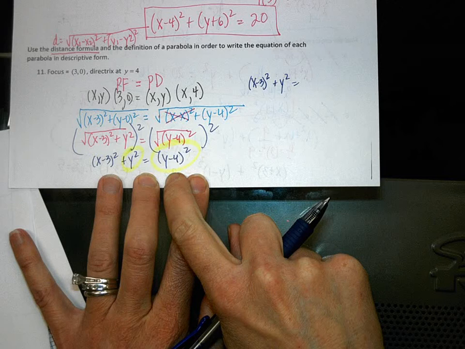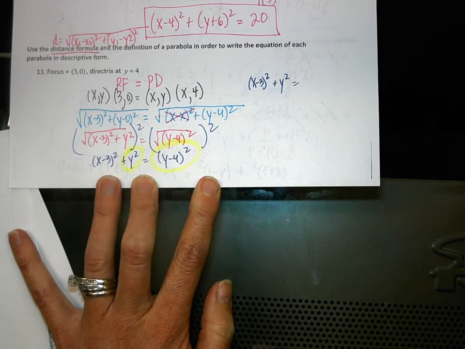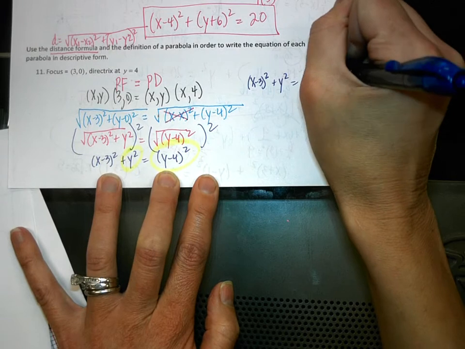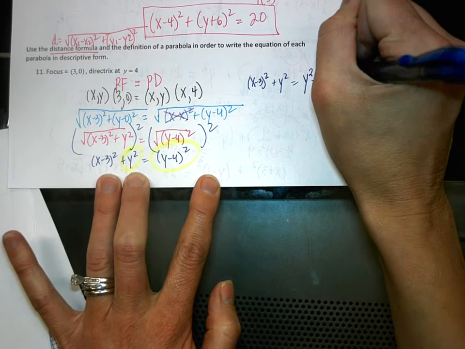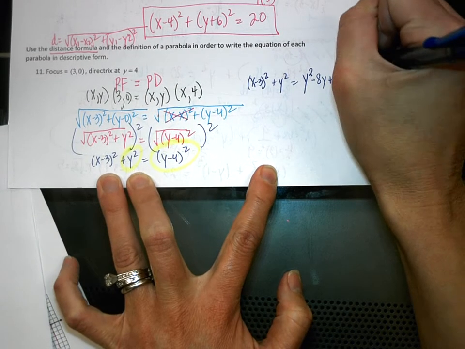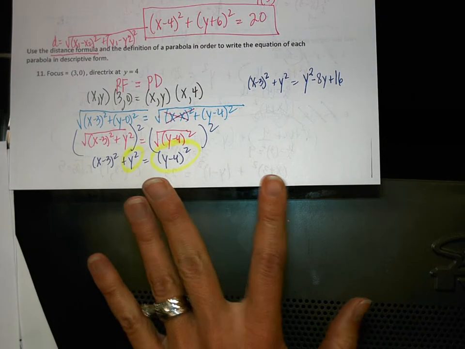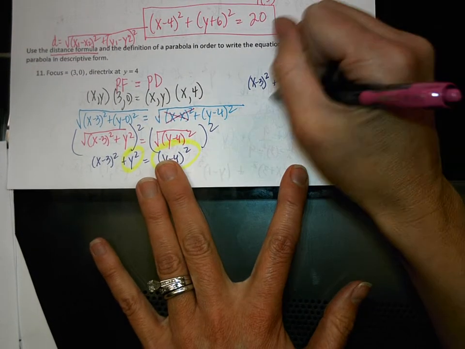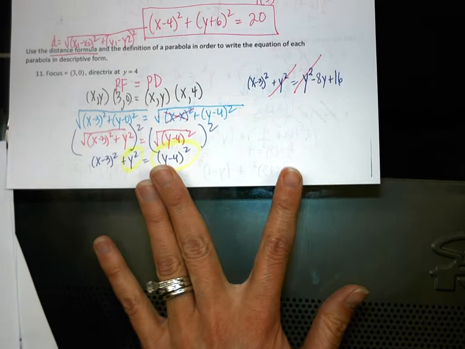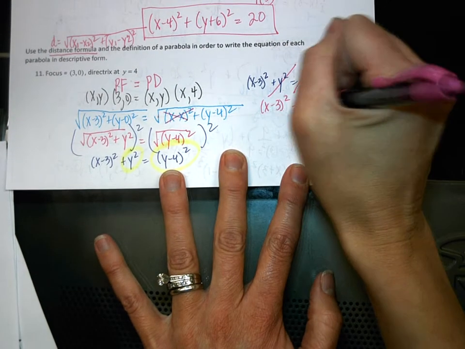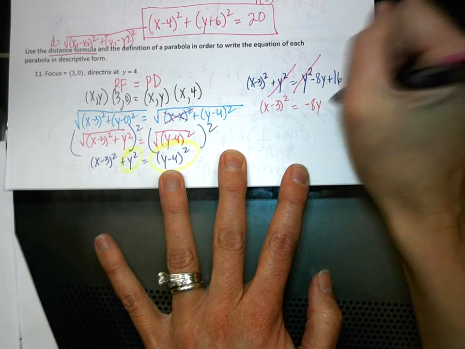You can do that using the distributive method, or if you're able to do this in your head, you can multiply it out that way. When you multiply it out, you get y squared minus 8y plus 16. Looking at this now, you can see that there's a y squared on both sides, so we can eliminate those. Now I just have (x minus 3) squared equals negative 8y plus 16.